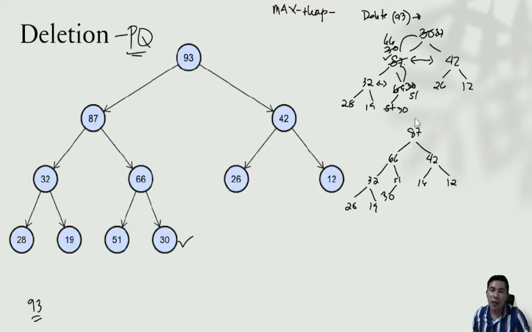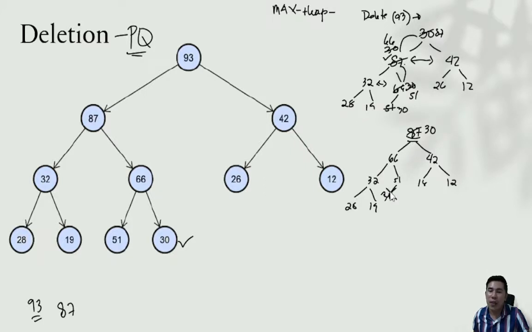Now, if you are going to delete another node, let's say 87 will be deleted. So you will need to swap this one, 30, okay? You replace 87 with 30, its parent node.